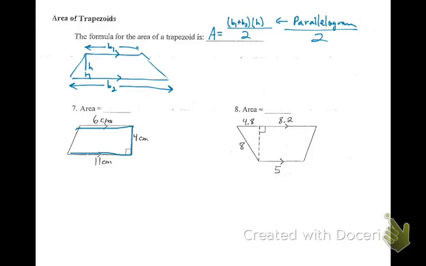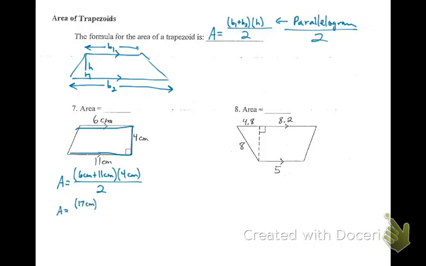Just a little side note, it doesn't really matter which one is base 1 and which one is base 2, as long as you use those two bases and add them together, you get the same amount. Okay, so the area is going to be 6 centimeters plus 11 centimeters, that's base 1 plus base 2, times 4 centimeters divided by 2. Now I see centimeters there, but we're not going to have centimeters cubed because the 6 and the 11 centimeters combine to become 17 centimeters. It's kind of like combining like terms.